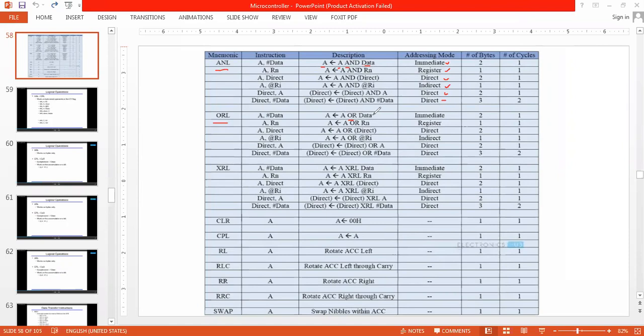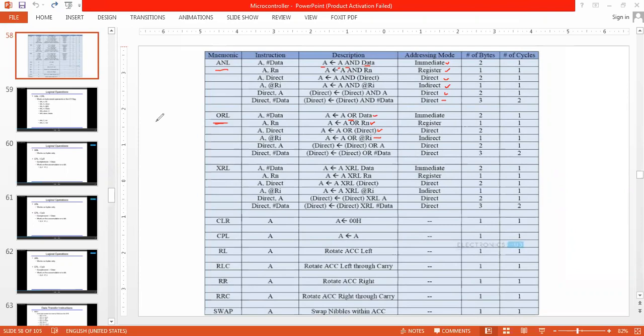Operand 2 can be direct data, or the data stored in a register, or data fetched from a direct address, or taken from an indirect address. In the similar way, whatever instructions I have here, instead of ANL, if I write ORL, the values of the 2 operands are going to be ORed together.